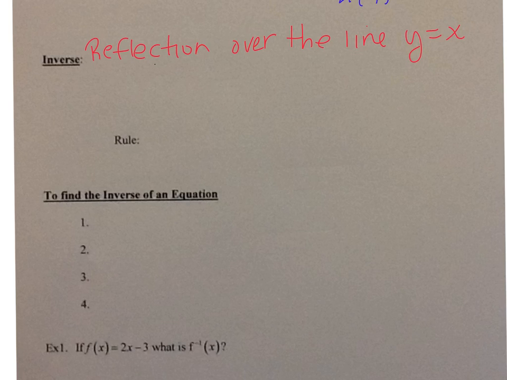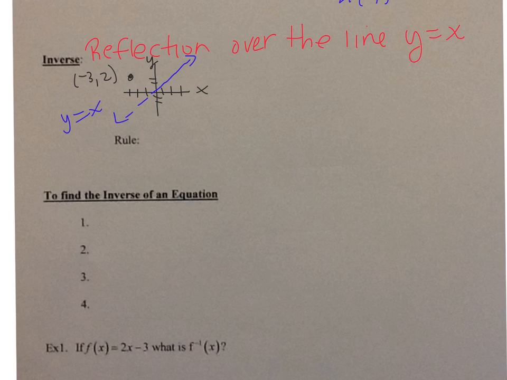Okay, so if we have a graph, and we have this point here, let's say this point is -3, 2. The line y equals x is the one that's right on the perfect diagonal here. And we would take this point and flip it over to the other side.